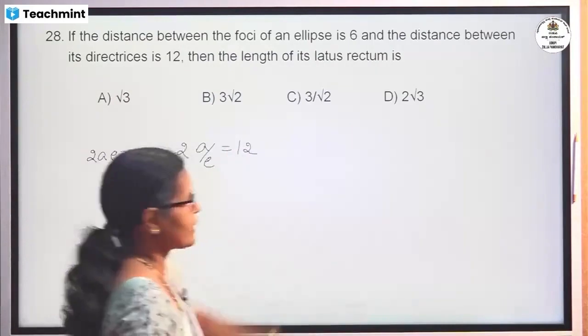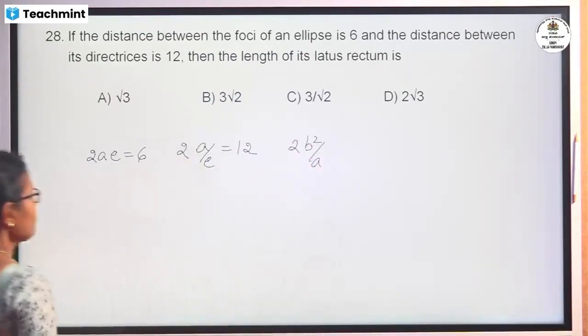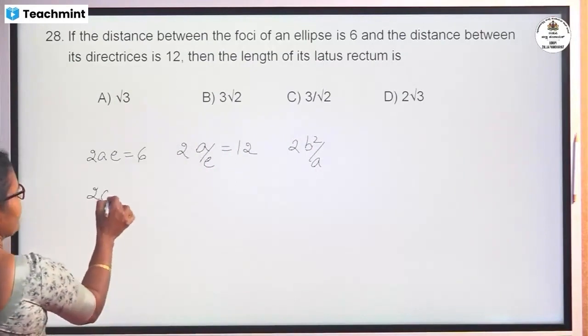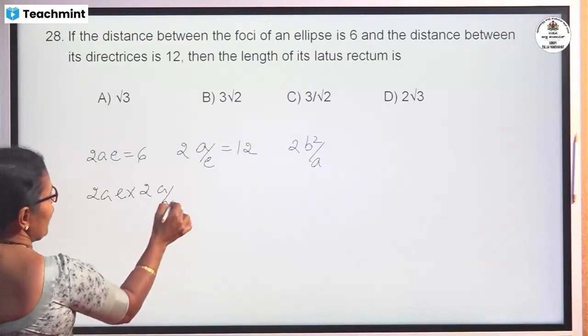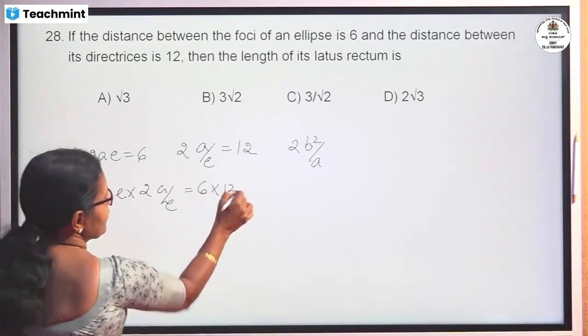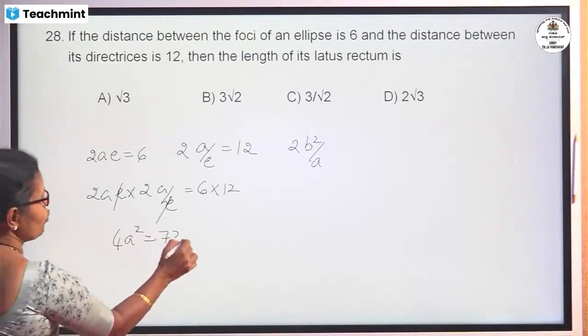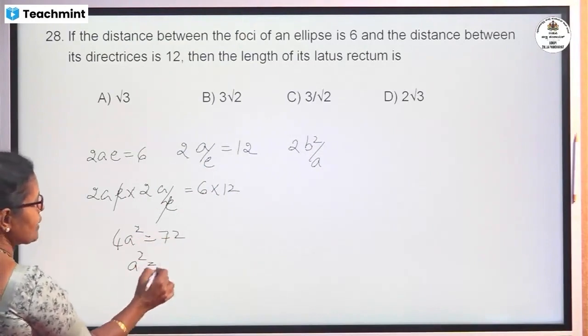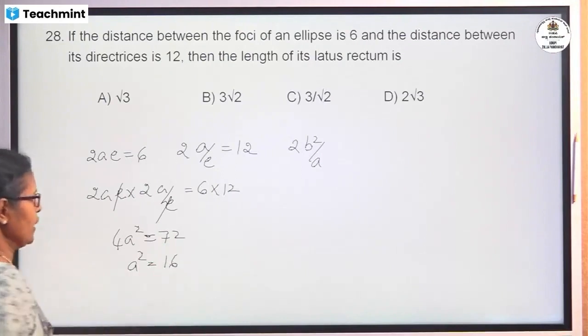For the length of the latus rectum, we require 2B square by A. So when we multiply these two equations, 2AE into 2A by E is equal to 6 into 12. Then E gets cancelled. 4A square is equal to 72. Then A square is equal to 16.